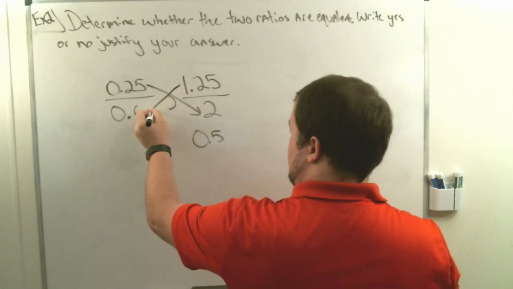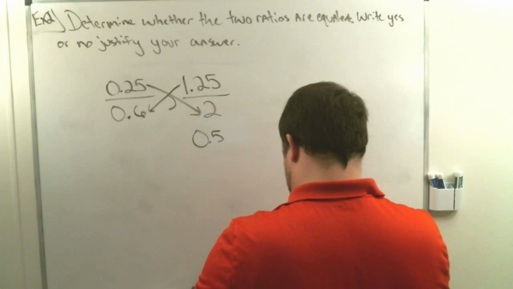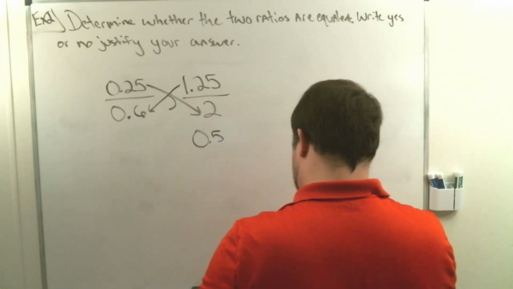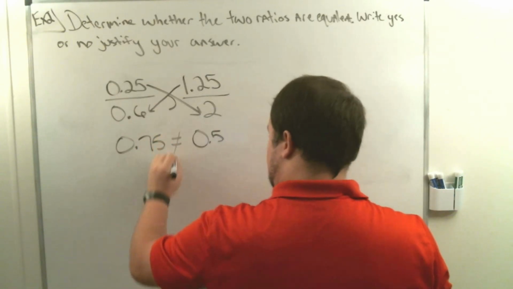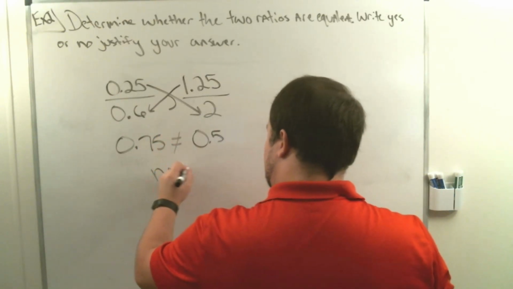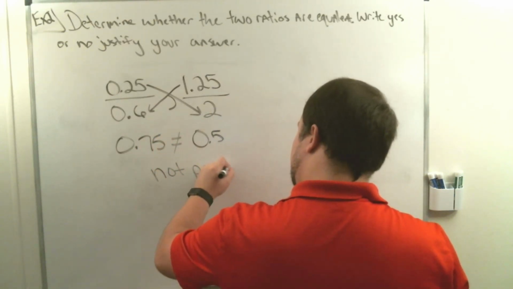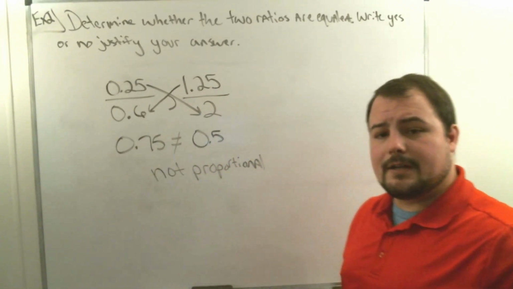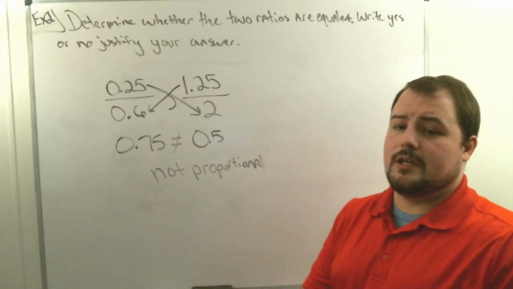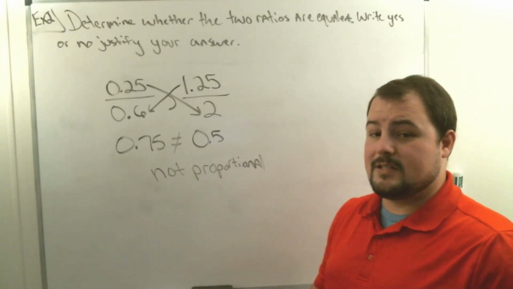Now I'm going to take 1.25 times 0.6, and I get 0.75. These are not equal, so they're not proportional. Because they're not equal, these are not proportional ratios. That's it for this type of example.